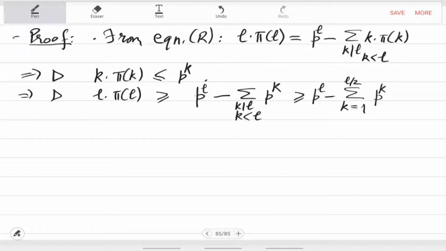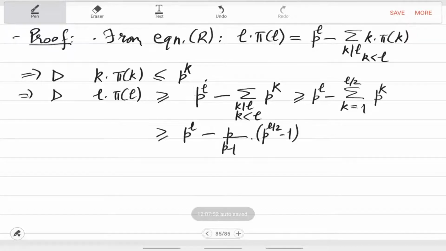So this you can now simply estimate by a geometric sum, geometric series. So P raised to L, right, it is at least this. So that is roughly P raised to L by 2, slightly more than that. So that's the error term.